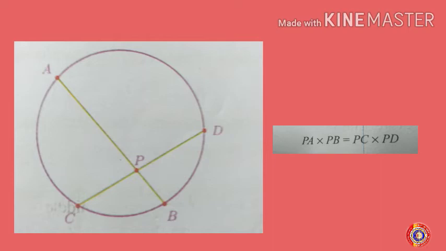They intersect within the circle at a point P. Then the relation is PA into PB equal to PC into PD. PA and PB are the parts of the first chord AB, and PC and PD are the parts of the second chord CD.